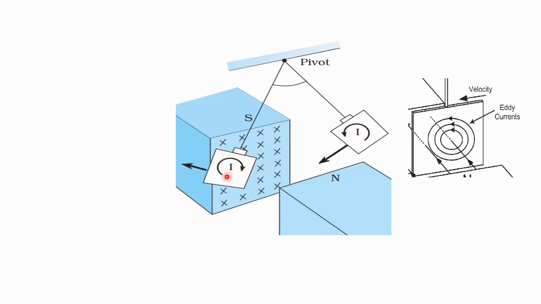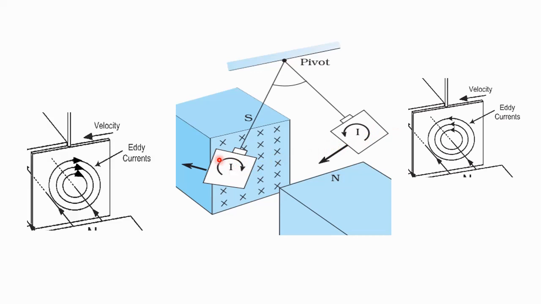So from the figure we can see clearly that the direction of the eddy current on entering the magnetic region and on leaving the magnetic region are in opposite directions. So on the left side, the eddy currents will also be generated in small tiny loops flowing in the clockwise direction.